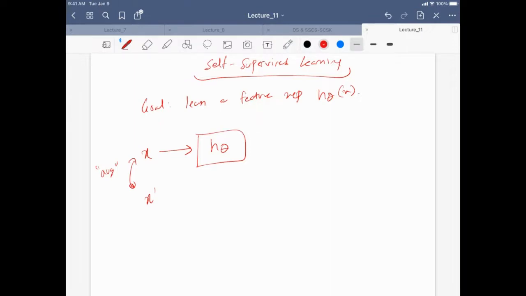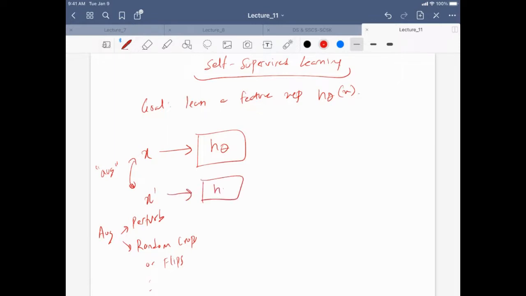Or they could be some rotations of X, right? So by augmentations, you could have perturbations, or random flips, for example, horizontal flips, right? And you could also crop the image randomly, right? And so on and so forth. We have multiple kinds of augmentations over here. So X prime is the augmented version, right?